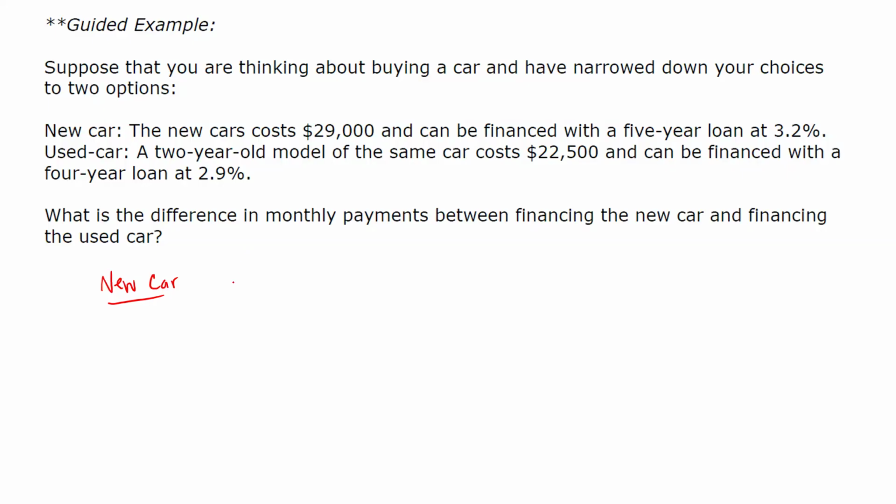For the new car, we know P is 29,000. We know R is 3.2%, which is 0.032. We know N is 12 because you make a payment every single month. And we know the loan is for 5 years.